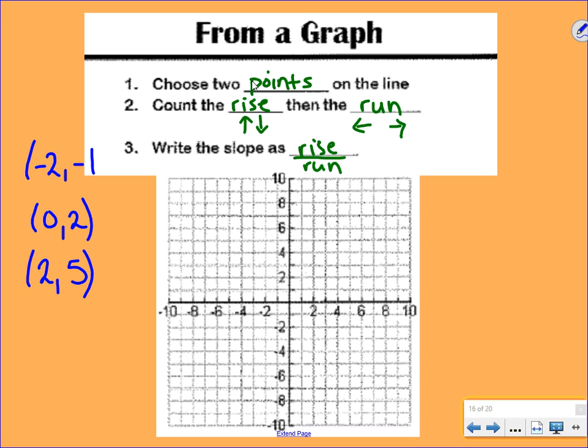Go ahead and plot those points on your graph. So (-2, -1) is here. (0, 2) is here. (2, 5) is there. And (4, 8) is right here. That makes a nice pretty line.